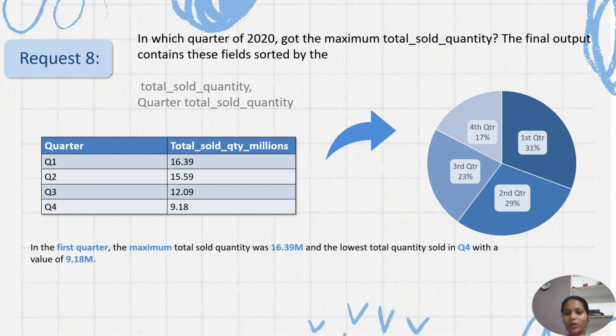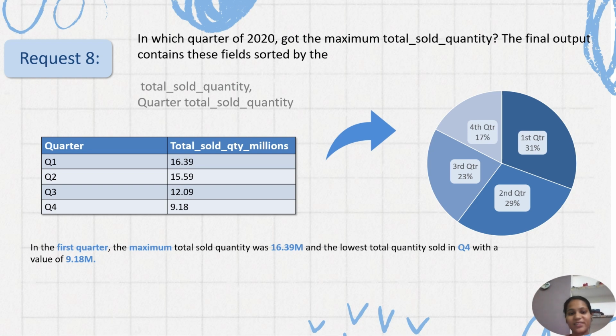In quarter two it is 50.59 million, which is 29% of all. In quarter three it is 12.09 million, and quarter four is less, like 9.8. So the maximum total sold quantity was in the first quarter, 60.39 million, and the lowest was in quarter four with a value of 9.82 million.